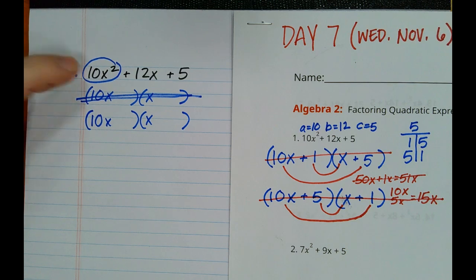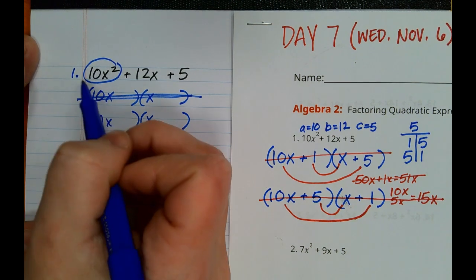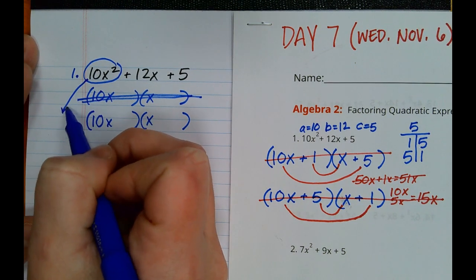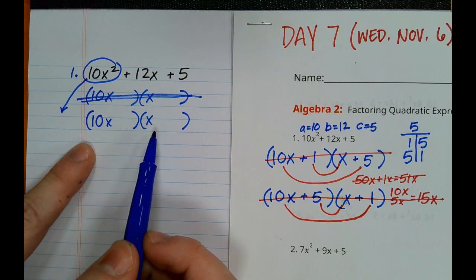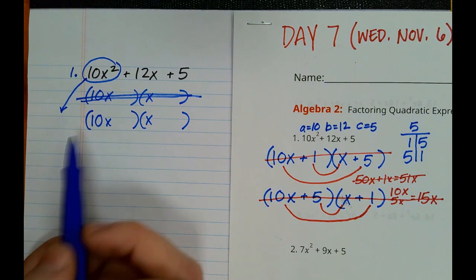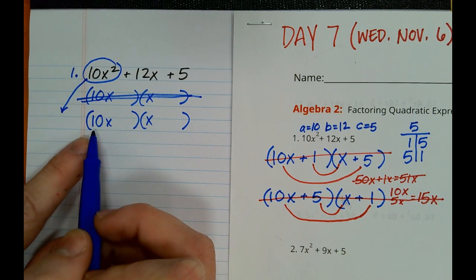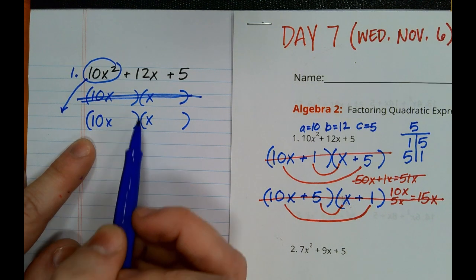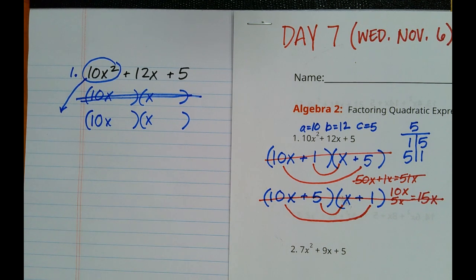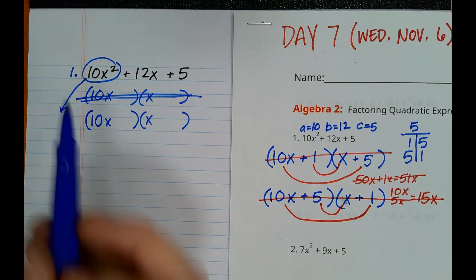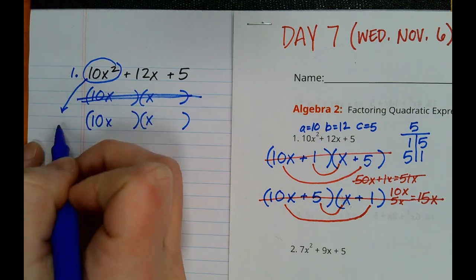We're going to find the factors of 10x squared here. In the first try, we did 10 and 1. You didn't even know it, but we were factoring 10x squared, because 10x times 1x makes 10x squared. What are 2 other numbers that we could try? 5 and 2.